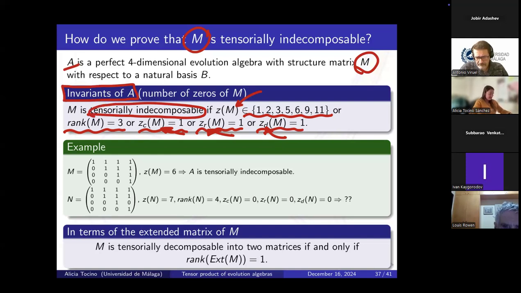We are going to apply this to the next example, and we consider M this matrix.